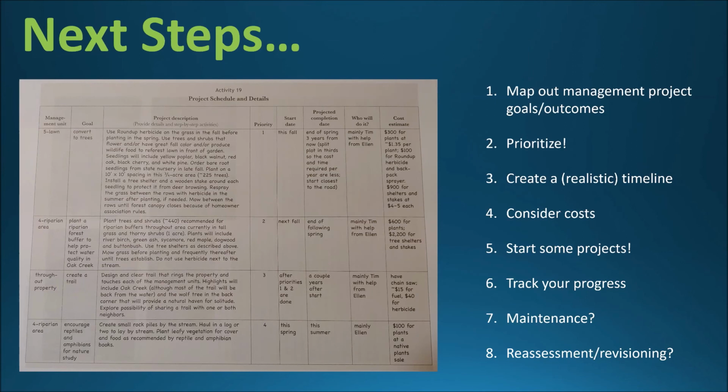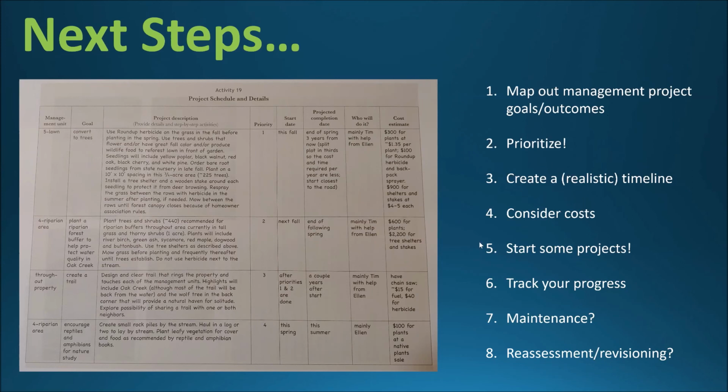So mapping out your management projects, the goals and outcomes. Again, I'm going to keep hitting home, prioritize. There's a ton of potential ideas, so making sure you can put some of those to the forefront. Creating a realistic timeline. This is an example here that I recreated in the homework. Putting down a start and completion date, your best guesses for that.